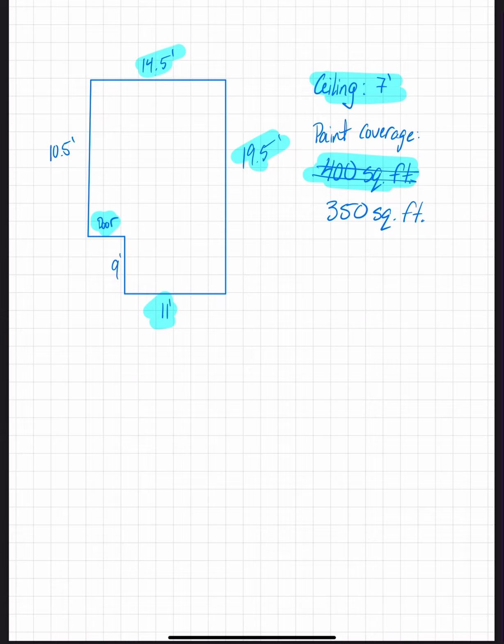That'll allow for the few inches that I took off or added here or there, as well as my door measurement. I think I'll be safe if I bump it down by that much. And maybe I'll spill a little bit of paint or whatever. This just gives me some extra insurance.